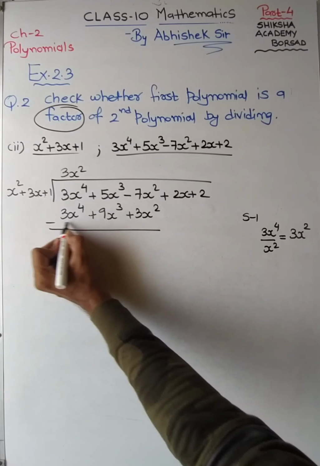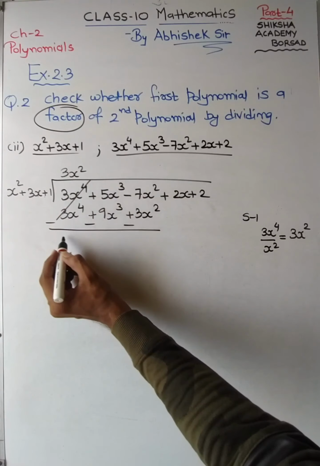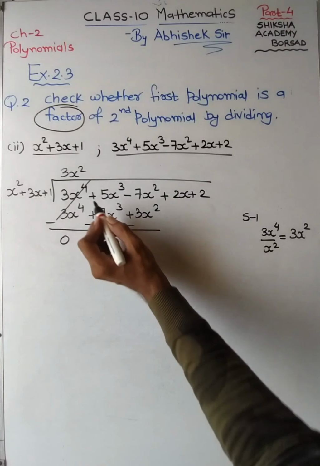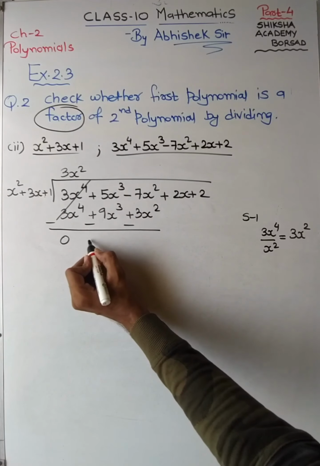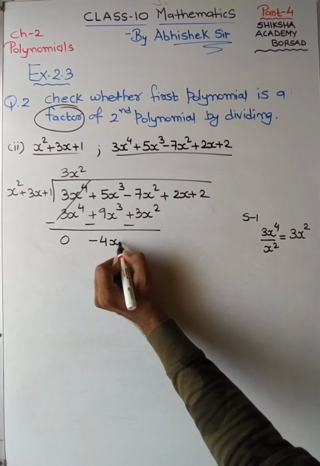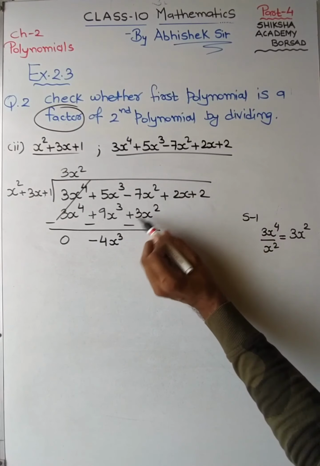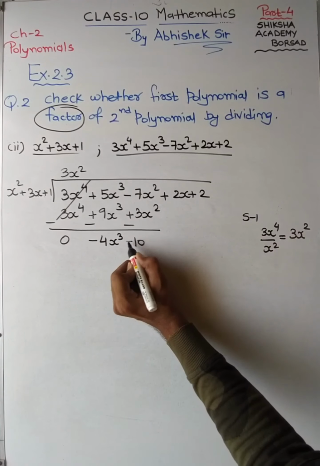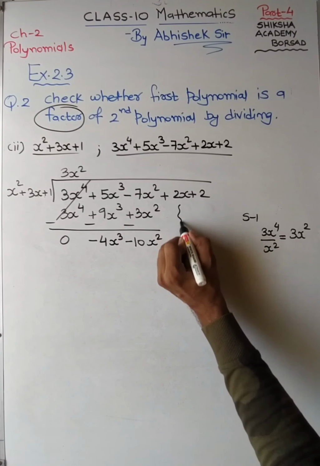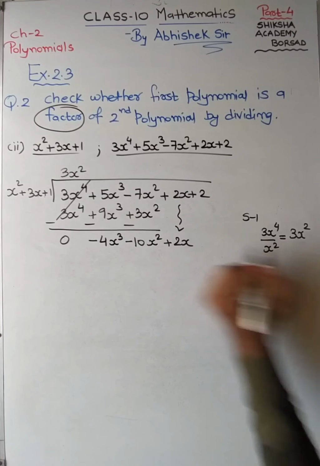Leave space, change the sign, cancel, which is possible. Plus 5x cube minus 9x cube, that will give you minus 4x cube. Minus 7x square minus 3x square, that will give you minus 10x square. Next term will be repeated.